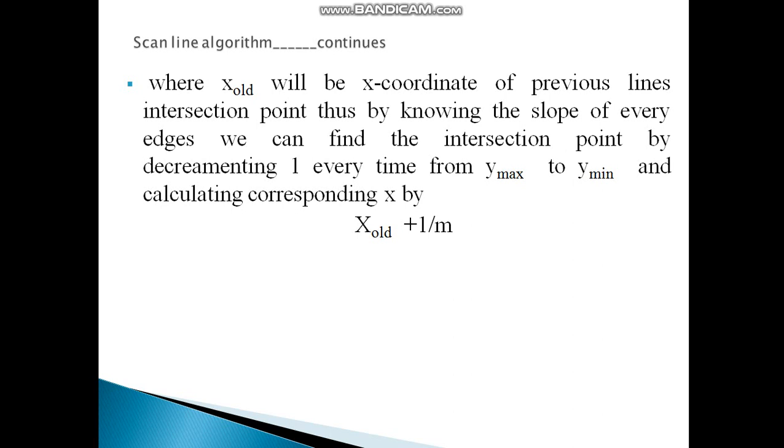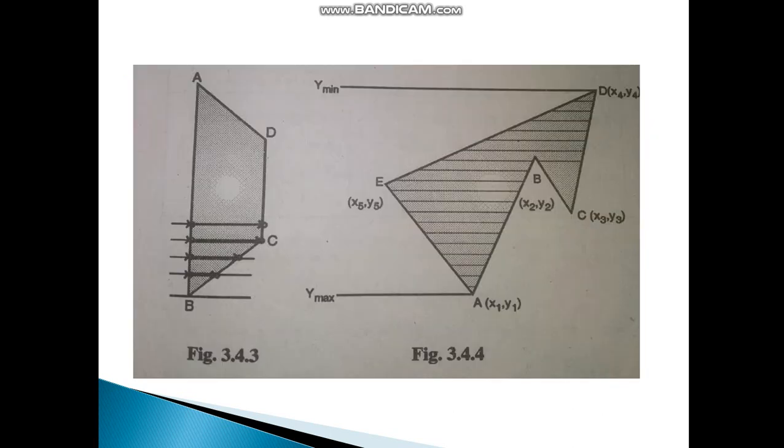The difference between two scanlines is 1, and that's why the y value decreases by 1 every time. Then we have to find the intersection point of every scanline. Also we have to find the active edge list.